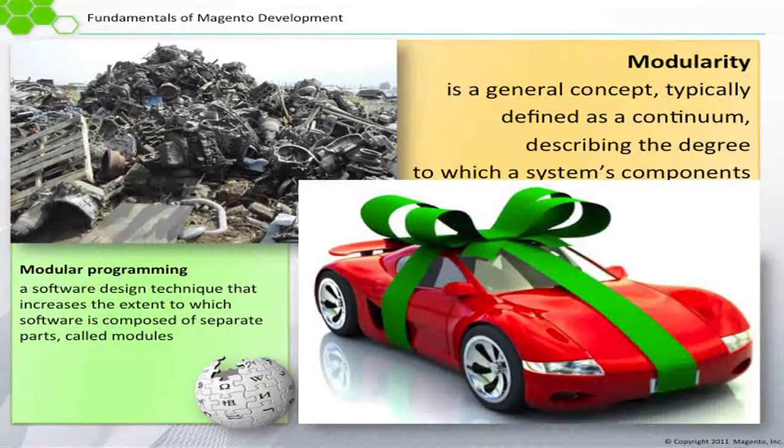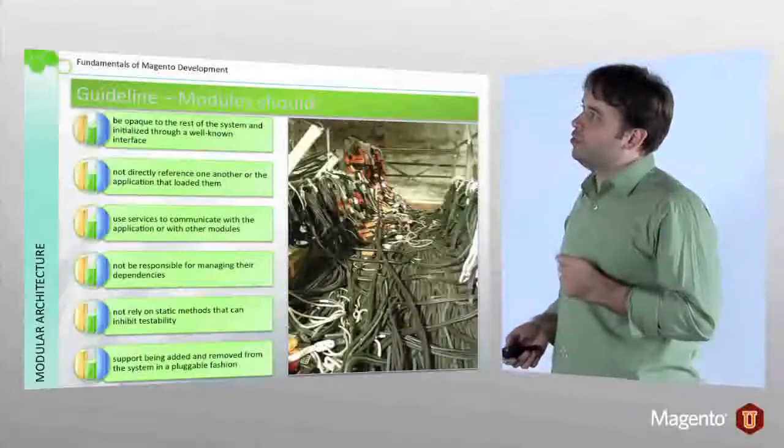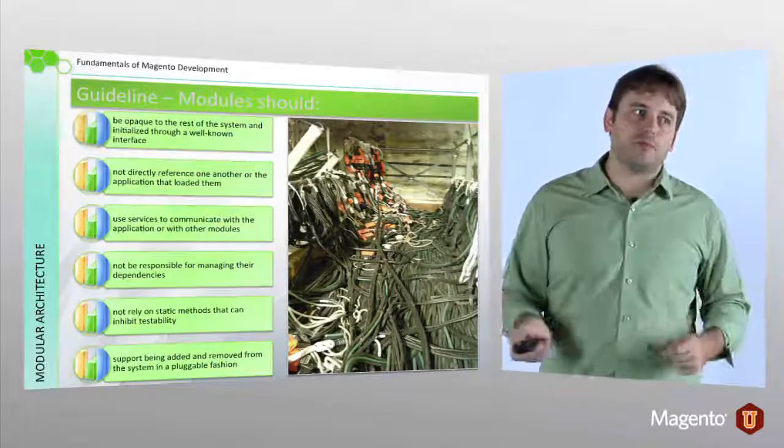All right, let's talk about module guidelines. Some of you who are familiar with other modular-based systems are going to be able to recognize some of these. But you should always consider these, and they are very important to remember when you are making your own module.